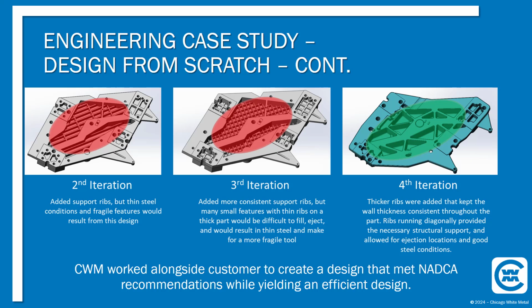That was also good, but it'd be hard for metal to fill all those little areas and be successful. So it came out with the fourth iteration, which is pretty close to what ended up happening. A little more thicker ribs through the middle to aid in the structural needs that the customer had, but also would be easier to fill from a die casting standpoint. Also good steel condition. So a very good iteration that led to the end there.